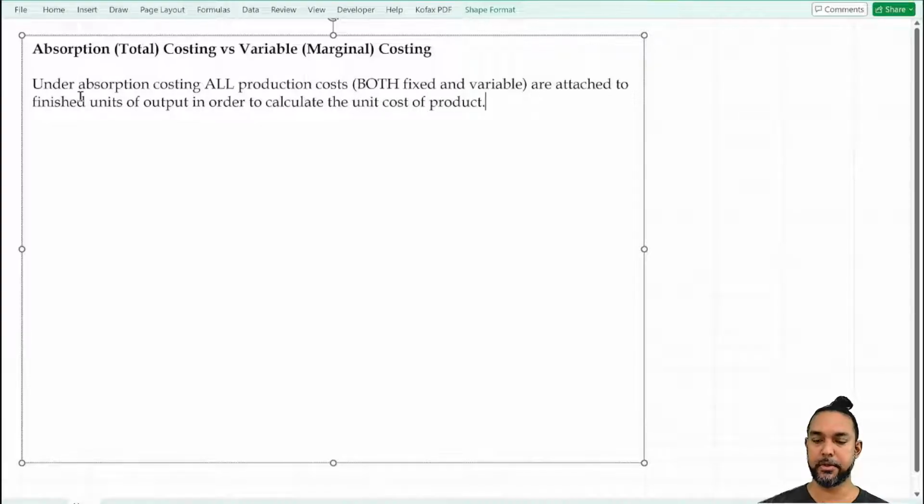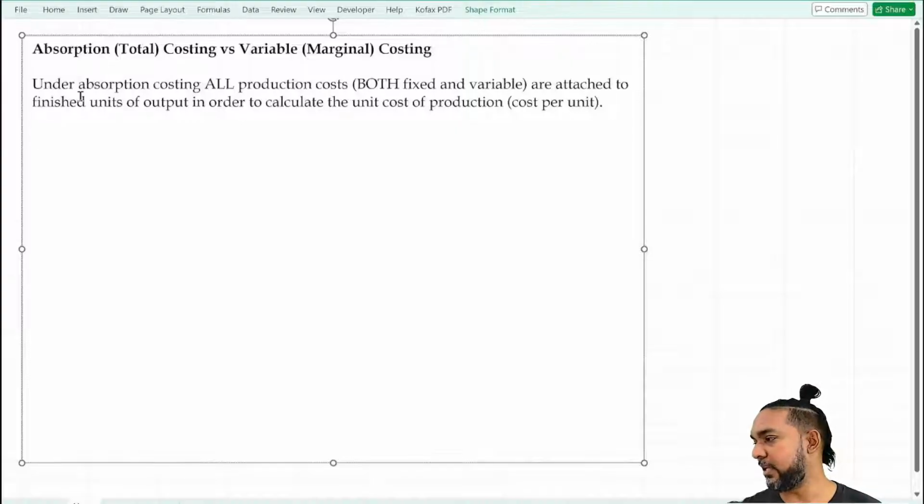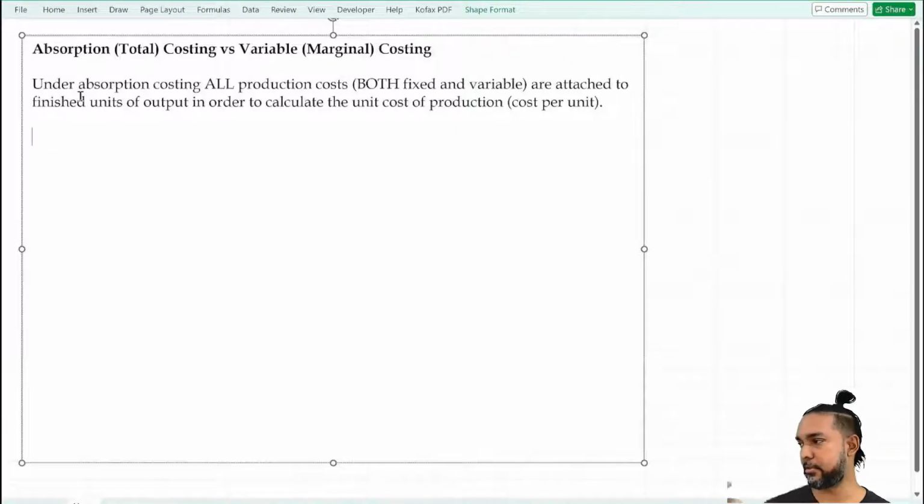The unit cost of production, meaning the cost per unit. And like I said, that's basically what we've been doing all the time. That's how we operate. We didn't really know that there was another way to operate.